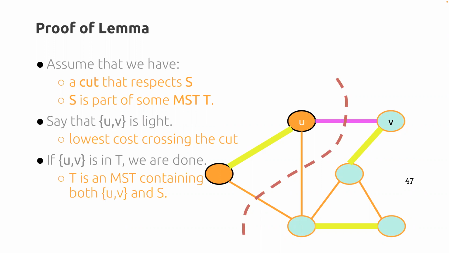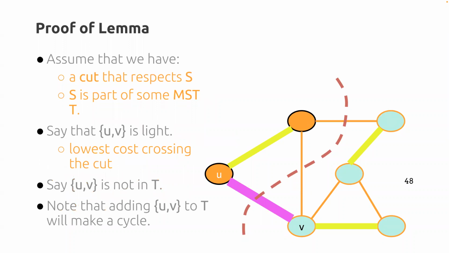If this edge is in my MST, if it's in the solution, I'm done. It's okay to pick it because it's in the solution. So the tricky part is, let's suppose it is not in the solution. Let's say I'm thinking of a different minimal spanning tree that does not have this edge, right?